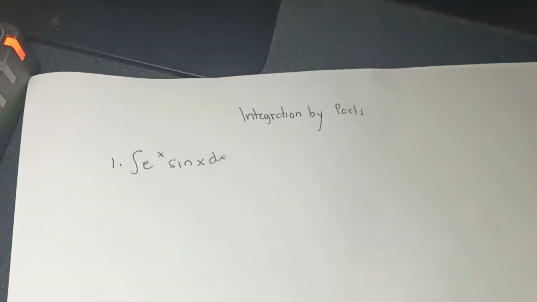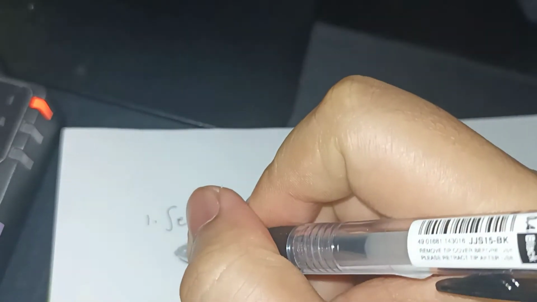Hello everyone, so this is the number 1 example of integration by parts. The first thing we do, we take u equals e^x, and du will be e^x dx.